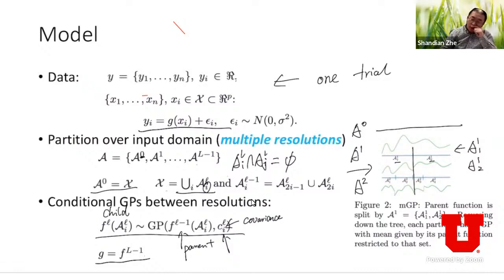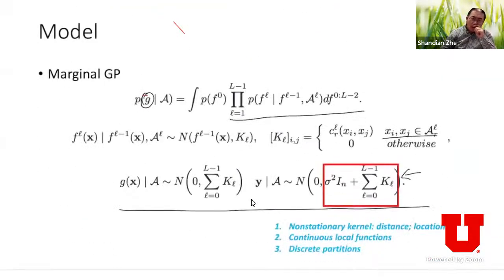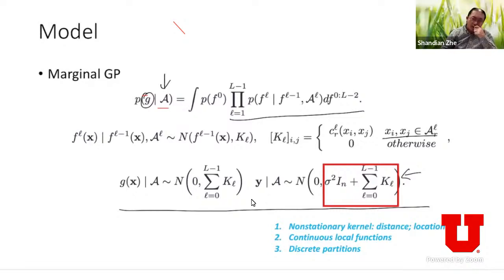Let me look at how they do the integration. So A is the partition, right? Yes, A is the partition. Here the partition is given. So P of F0.